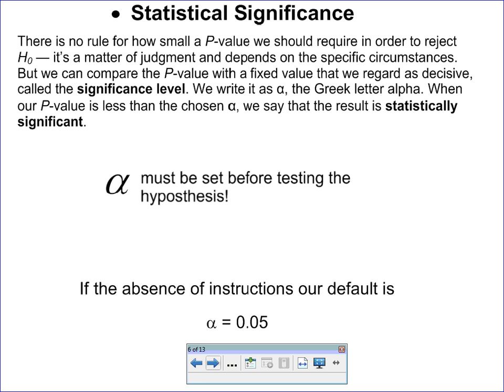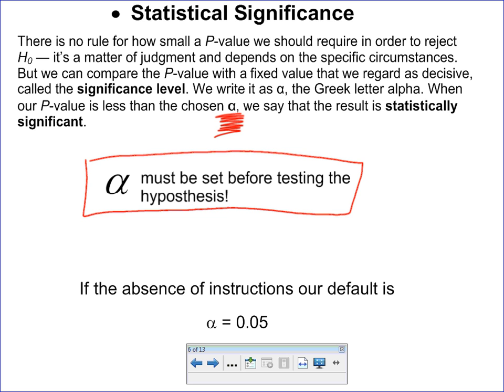The key thing here is we're going to set our threshold for whether we will reject or fail to reject, and we're going to call that alpha. And the key thing is alpha must be set before you do that. So in real life you would set alpha before you collected any data.